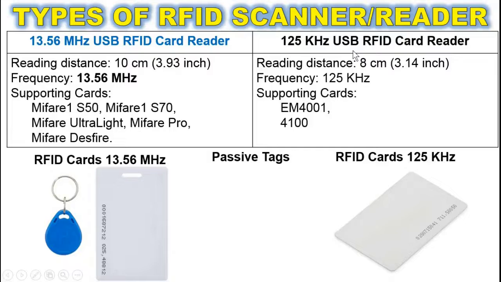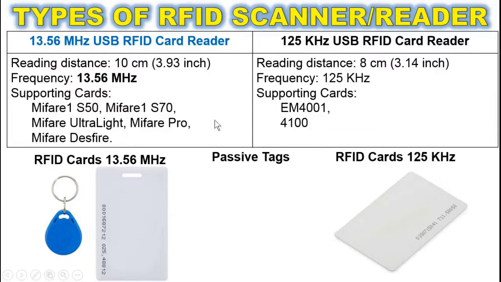It has a reading distance up to 8 centimeters or equivalent to 3.14 inches. It has a frequency of 125 kHz, which is a slower frequency, and it supports the following radio frequency cards such as EM4001 and 4100.